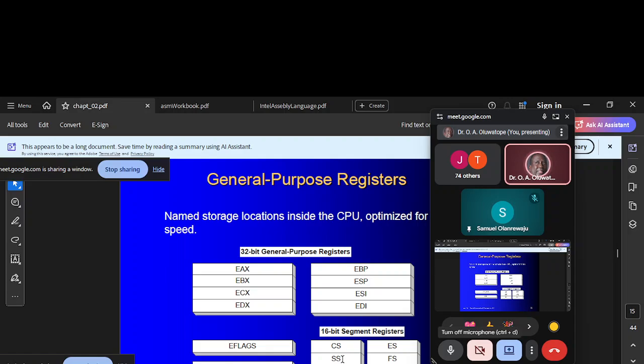It can also be used as a code segment, meaning that segment of memory that contains maybe your data or your code. Then the other 3, ES, FS, and GS, are extras in case you need to extend any of the 3 here: code, stack, or data. You can use any of these 3 as extension.